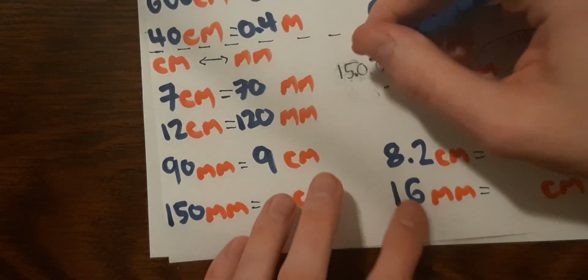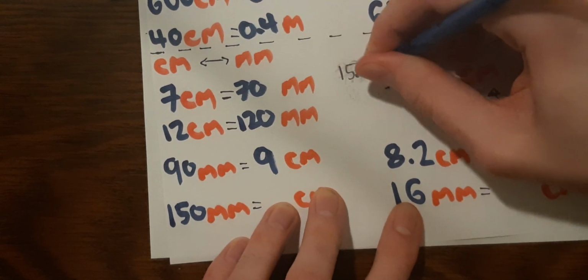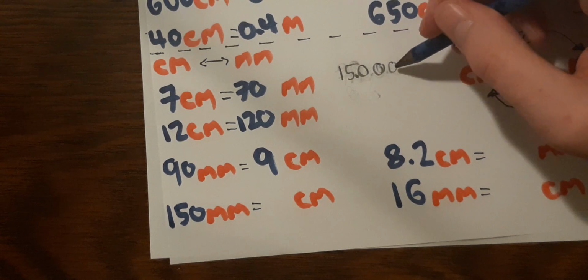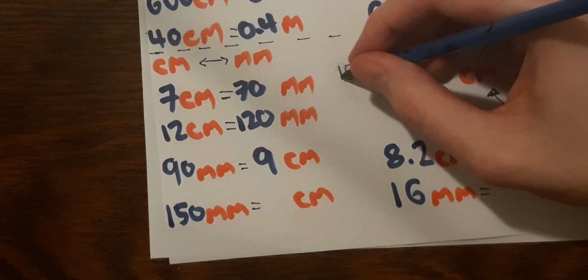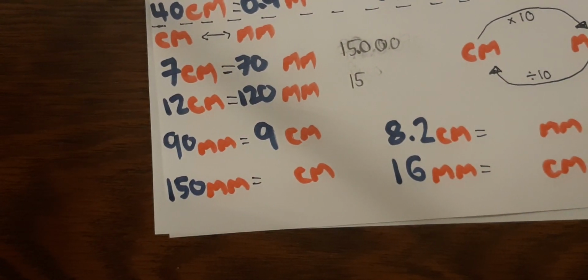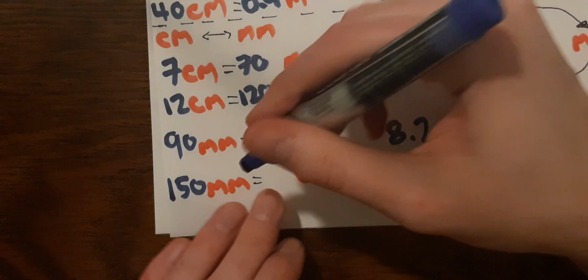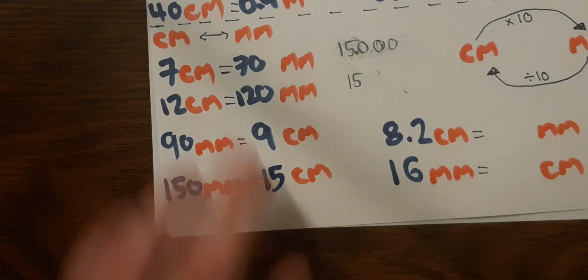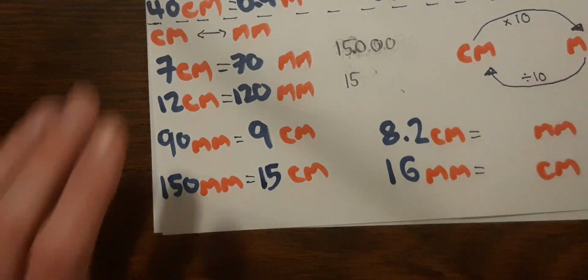Ugh. You think I'd have better materials as a math teacher. And we've got 15 decimal 000. Or in other words, 15. All right, so 150 millimeters is the same as 15 centimeters.